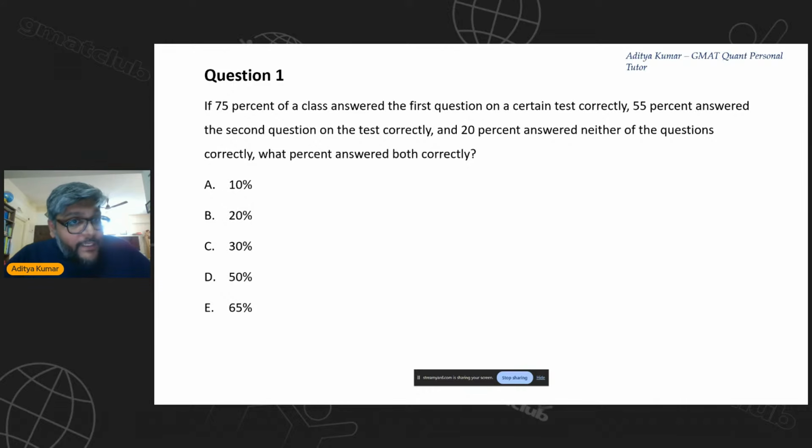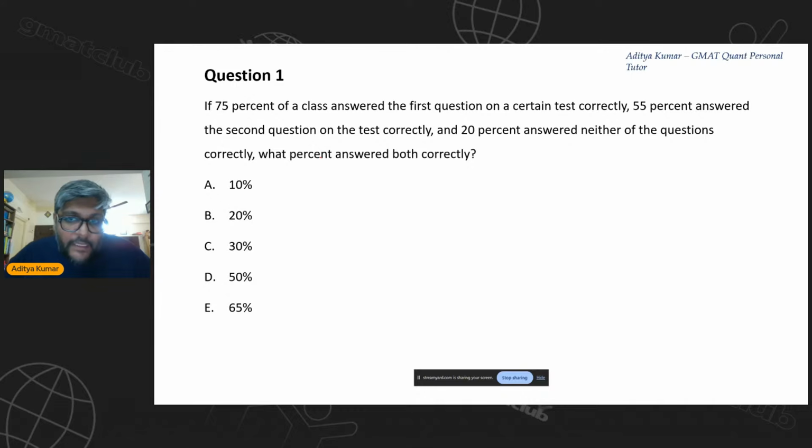If 75% of a class answered the first question on a certain test correctly, 55% answered the second question on the test correctly. So in my mind, I'm creating a visual picture that I have a first question, I have some data on how people have answered the first question, I have a second question, I have data on how people have answered the second, and 20% answered neither of the questions correctly.